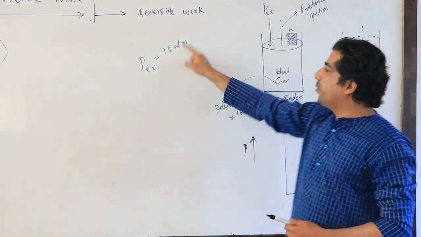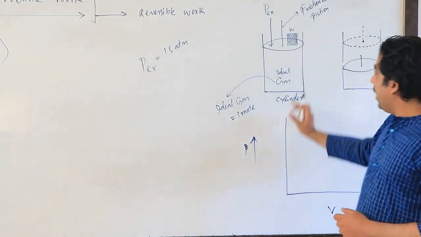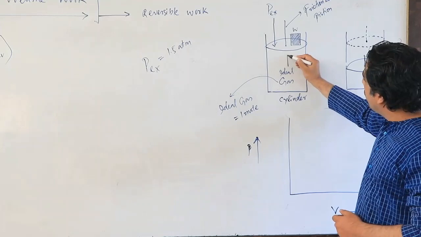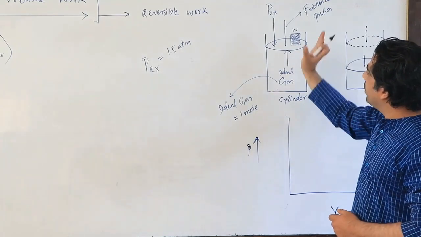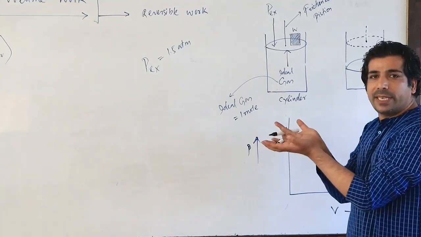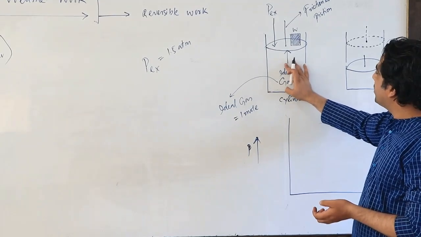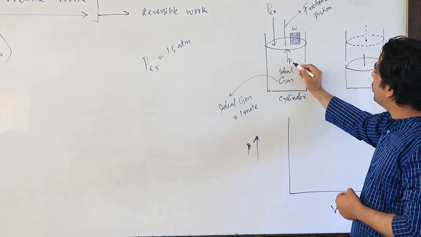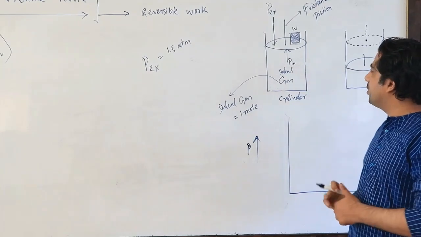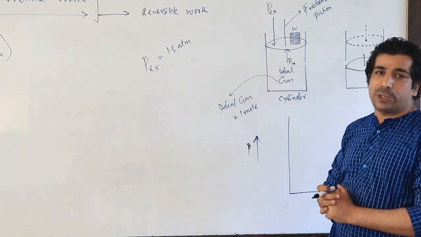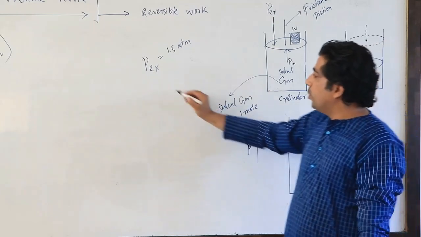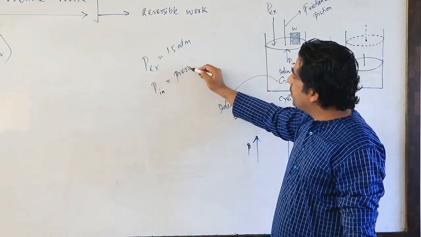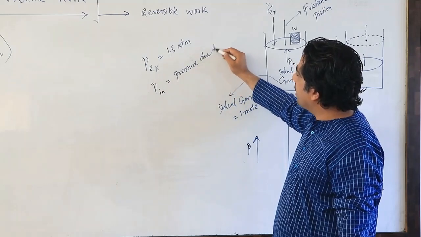And now this ideal gas will also exert pressure onto the piston from the lower side, correct? Let us suppose that pressure is called P internal, the internal pressure, my dear friends. So P internal is nothing but the pressure due to the ideal gas.